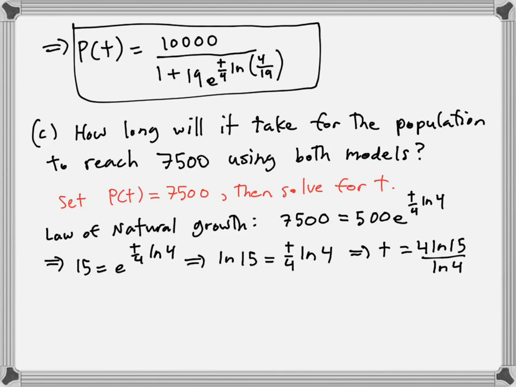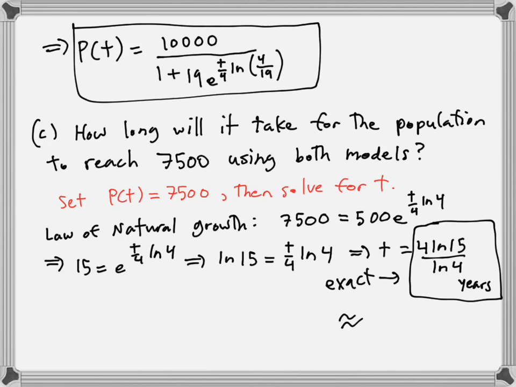We could write this as the number of years. This is called an exact answer. What is this approximately equal to? Because that's not a very nice number to look at. So if we want to approximate that, I'm going to write 4 ln of 15 divided by ln of 4.